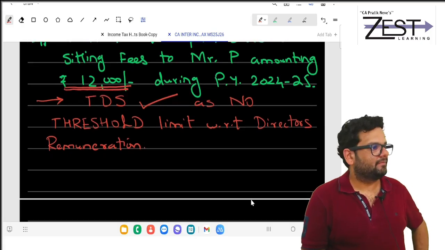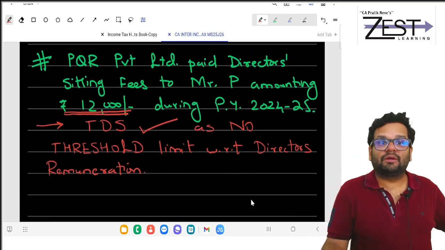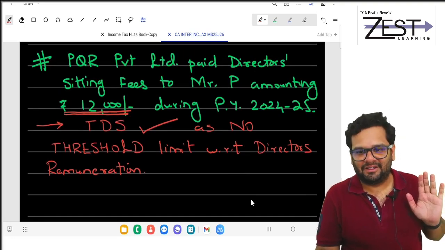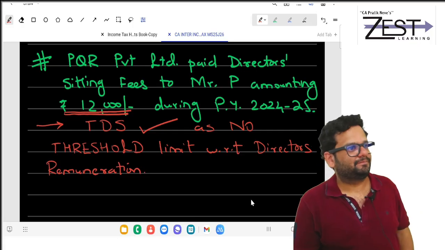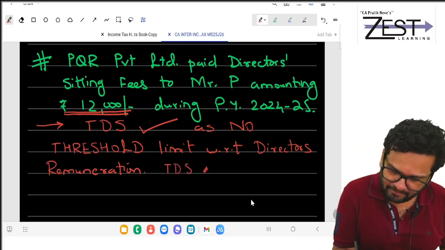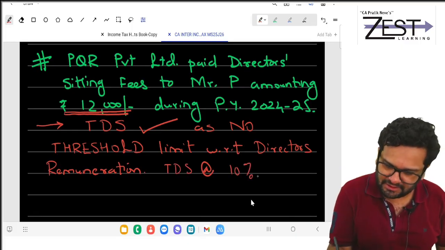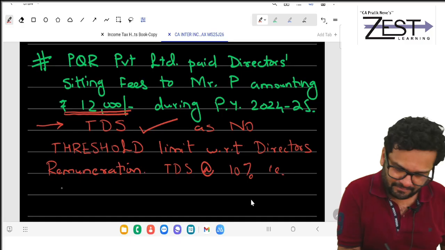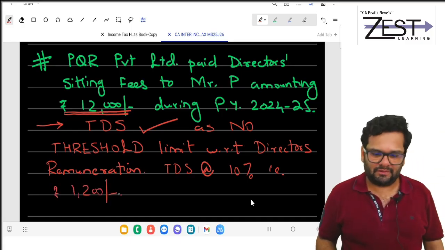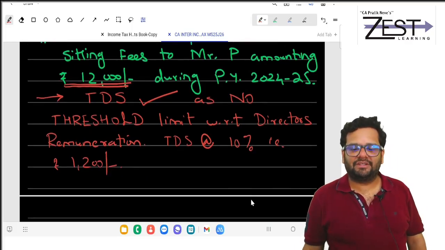Clear? So let it be less than 30,000, it doesn't matter. TDS will happen. TDS at 10%, that is rupees 1,200. 194J is done. Congratulations.